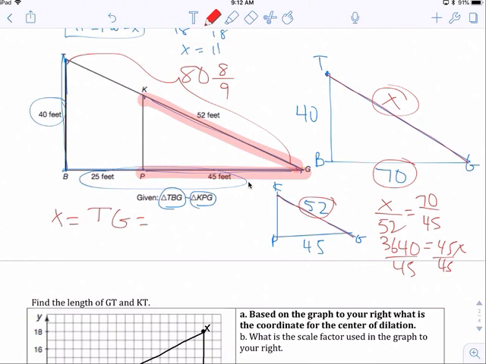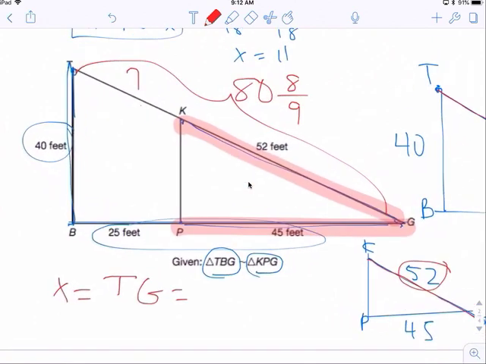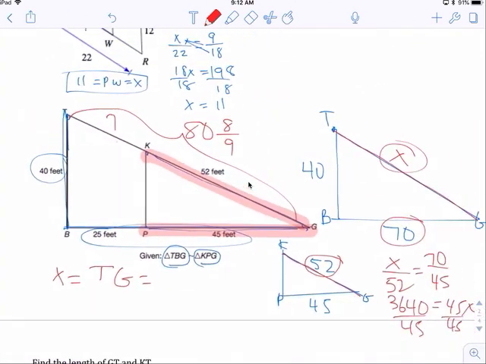Okay? And then you subtract 52, because we want to find the length of this here. It didn't say, but to find that length, TG is 80 and 8 over 9.